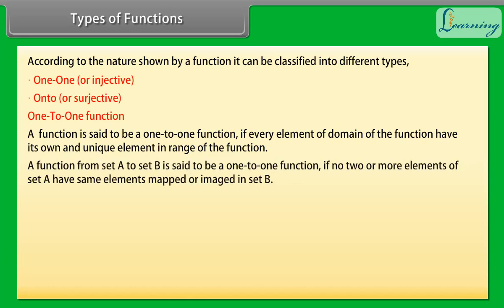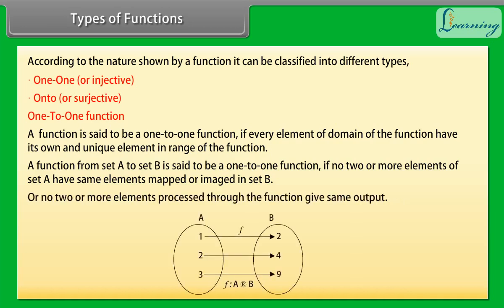A function from set A to set B is said to be a 1-to-1 function if no two or more elements of set A have the same element mapped or imaged in set B, or no two or more elements processed through the function give the same output.